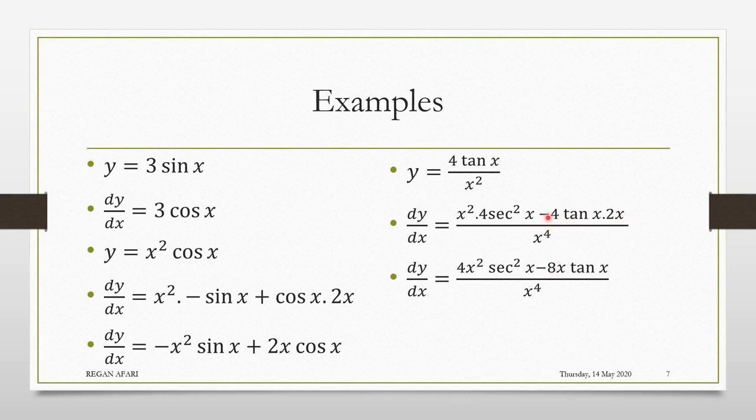But remember that the negative sign is there. And that is it. But see something, you have x here, x there, and x here, so you can factor x out and cancel. That will give you this. So when you differentiate this curve, this is the gradient function you would get.